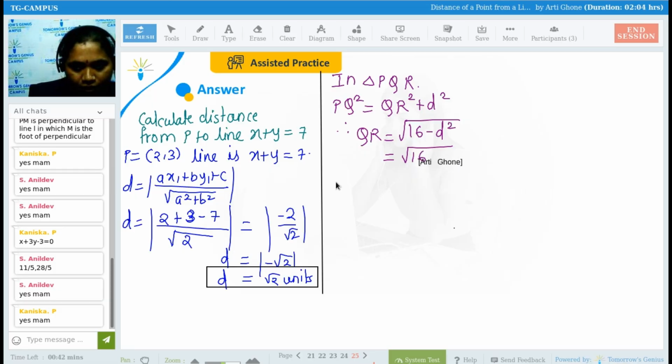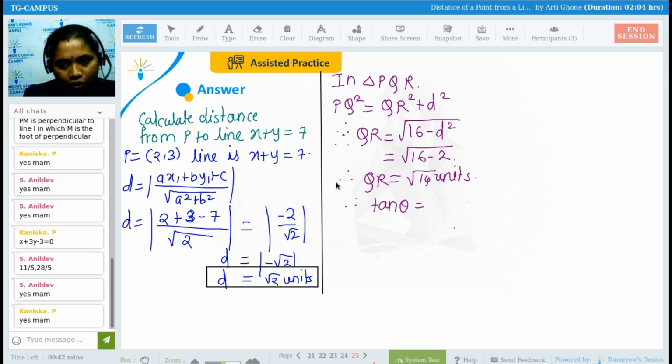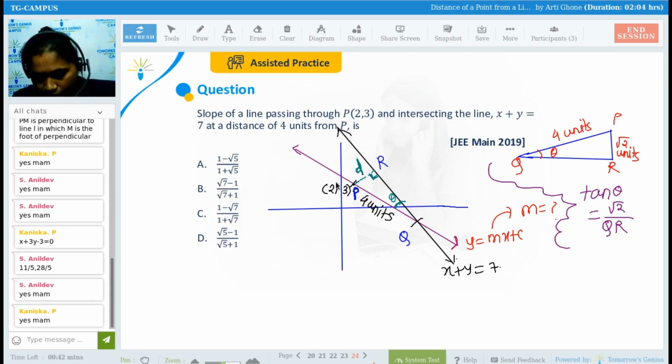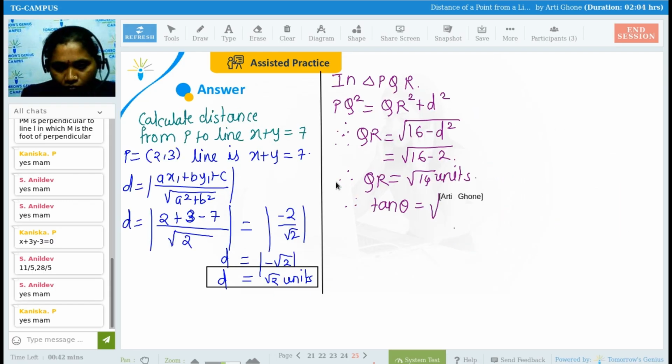So it is the square root of 16 minus 2, which is the square root of 14. Clear? QR is clear. Therefore, tan theta is equal to how much? Root of 2 by 14, it is nothing but root of 1 by 7.